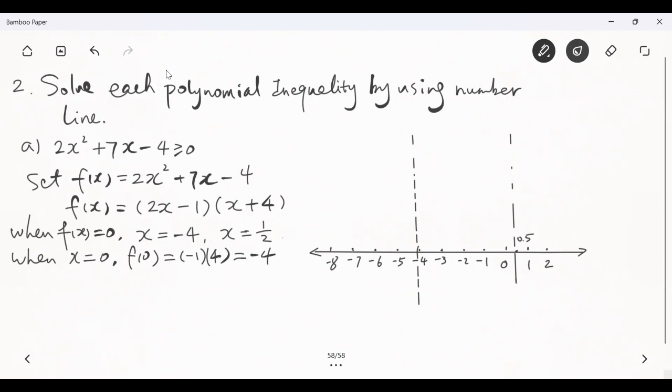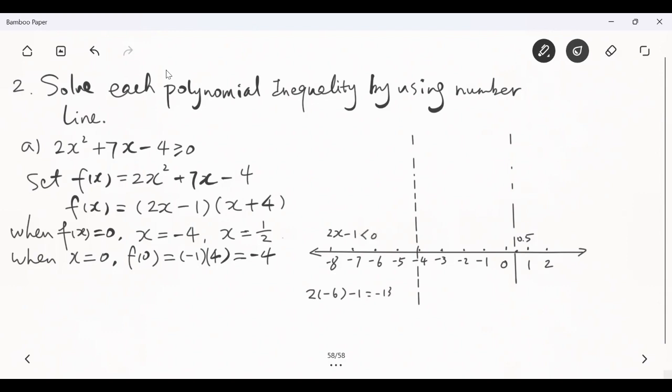From left side, x less than negative 4. So we check the sign of 2x minus 1. We can test negative 6. 2 times negative 6 minus 1 equal negative 13 less than 0, right?